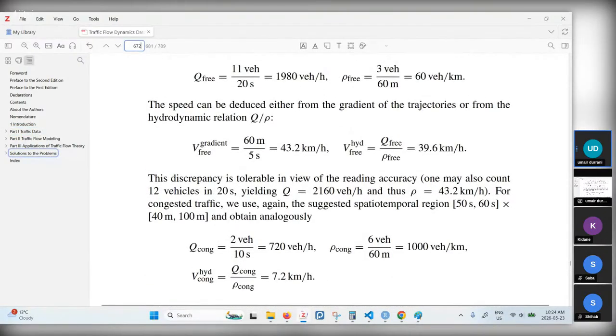So here for free traffic, the density was 60 vehicles per kilometer. For congested, it's 1,000. I counted 7, they counted 6. Similarly, flow is different. The flow is smaller compared to the free traffic, and the speed is also smaller. It was 43 kilometers per hour, it's now 7.2 kilometers per hour.